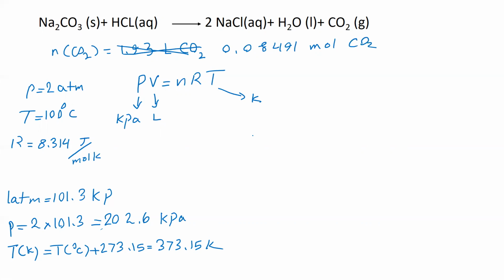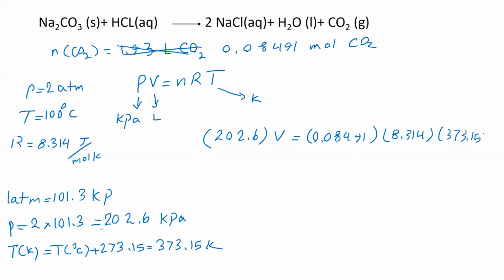We also have the number of moles as we calculated in part B. The only thing we need to do now is substitute the numbers here. So P equals 202.6, V is what I want to calculate, the number of moles is 0.08491, R is 8.314, and the temperature is 373.15.